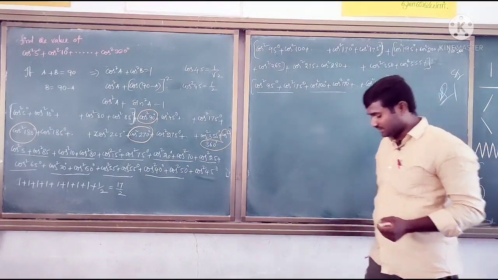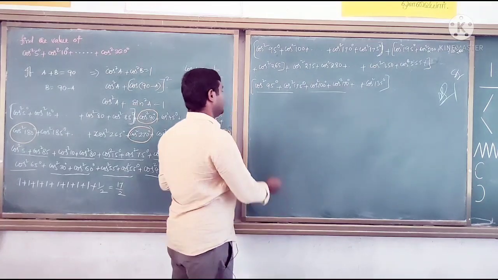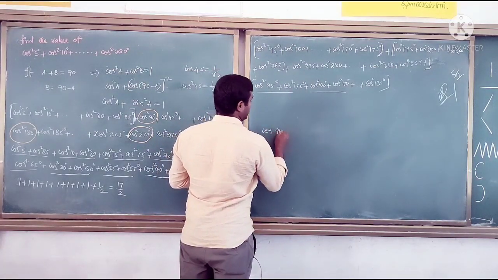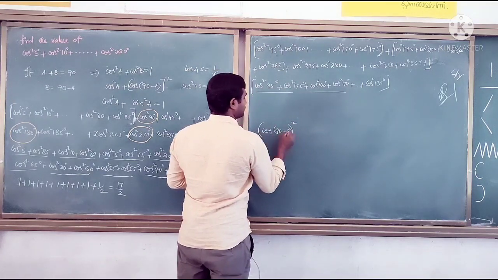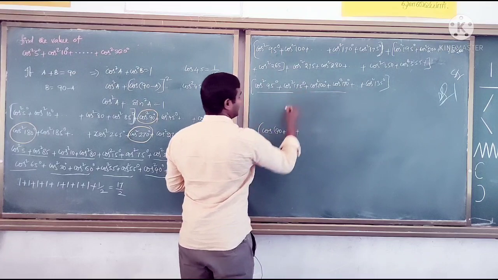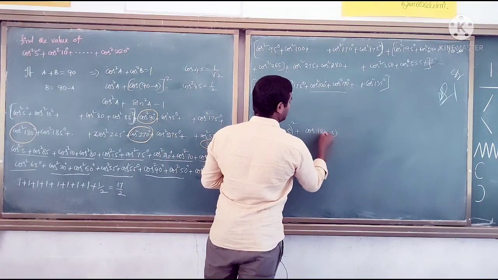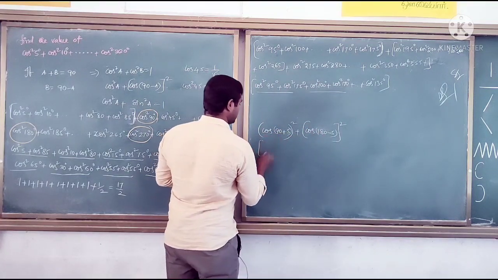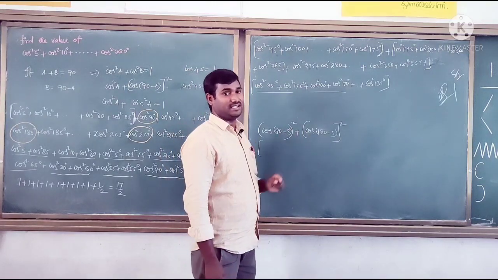See, simplify here. First, cos square 95 degrees we can write as cos 90 plus 5 whole square, plus cos 175 we can write as cos 180 minus 5 whole square. See here, cos 90 plus theta is minus sin theta.